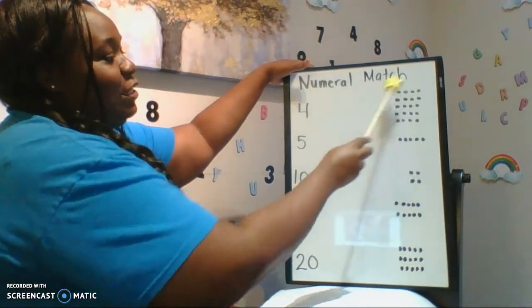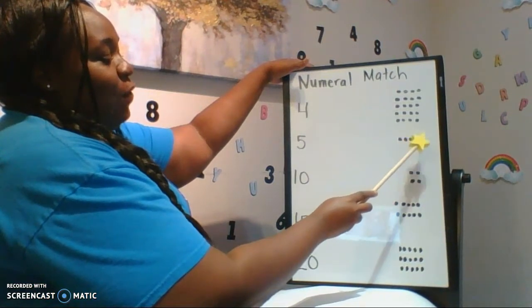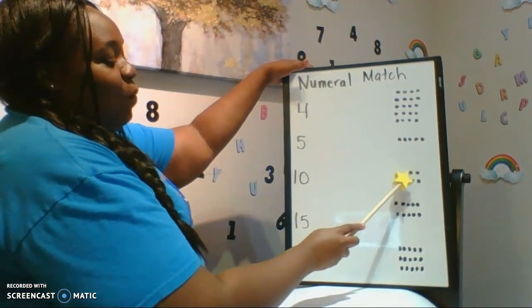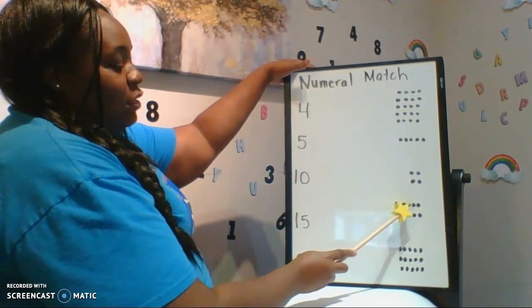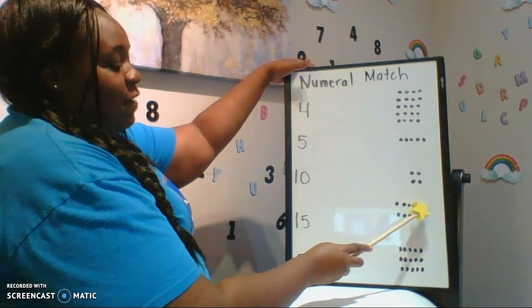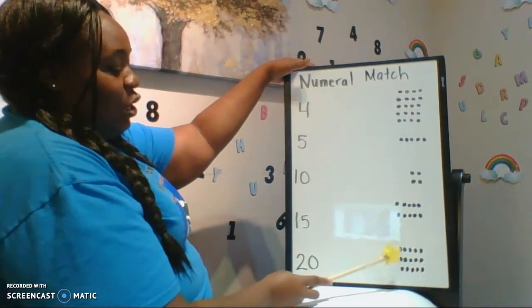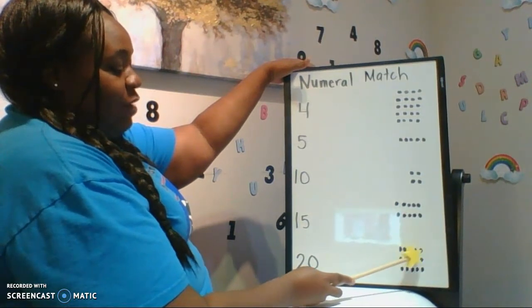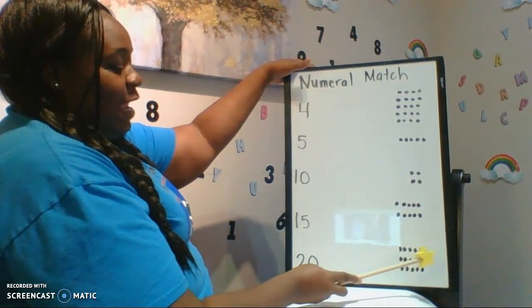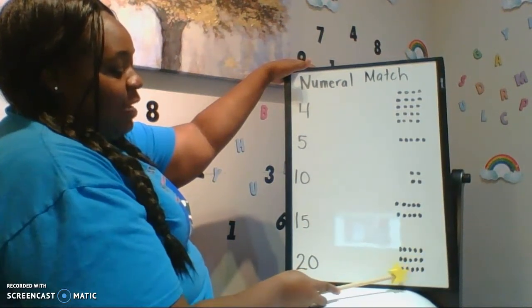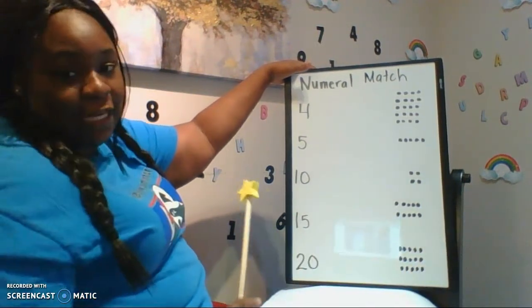So we know that this is 20. 1, 2, 3, 4, 5. 1, 2, 3, 4. 1, 2, 3, 4, 5, 6, 7, 8, 9, 10. 1, 2, 3, 4, 5, 6, 7, 8, 9, 10, 11, 12, 13, 14, 15.